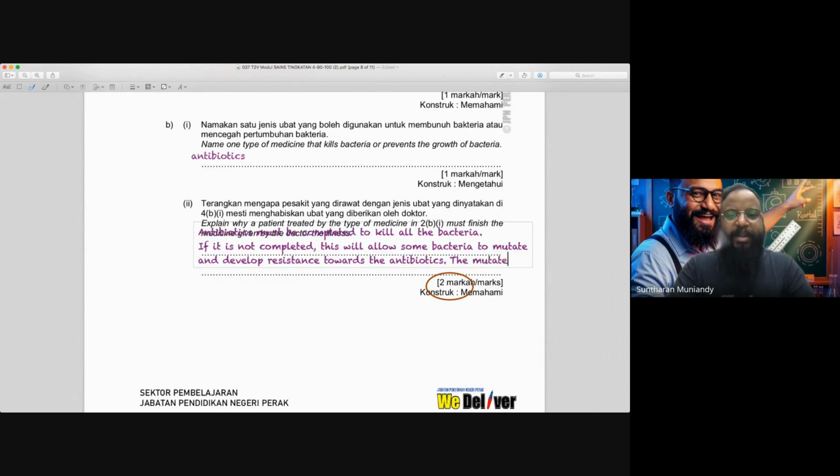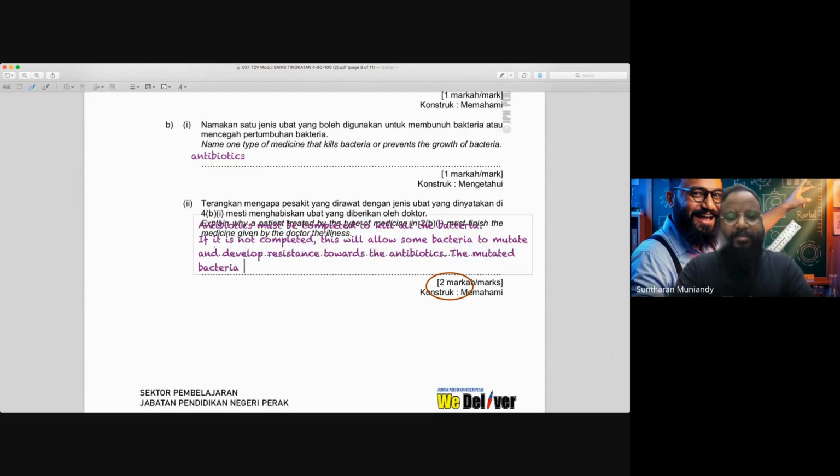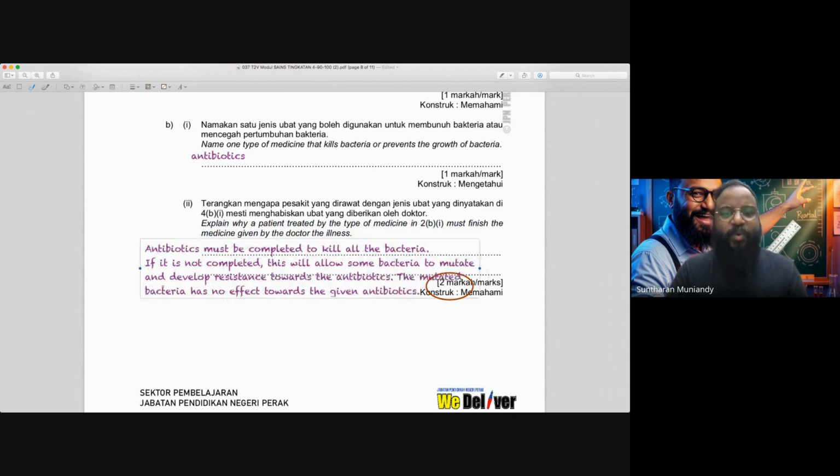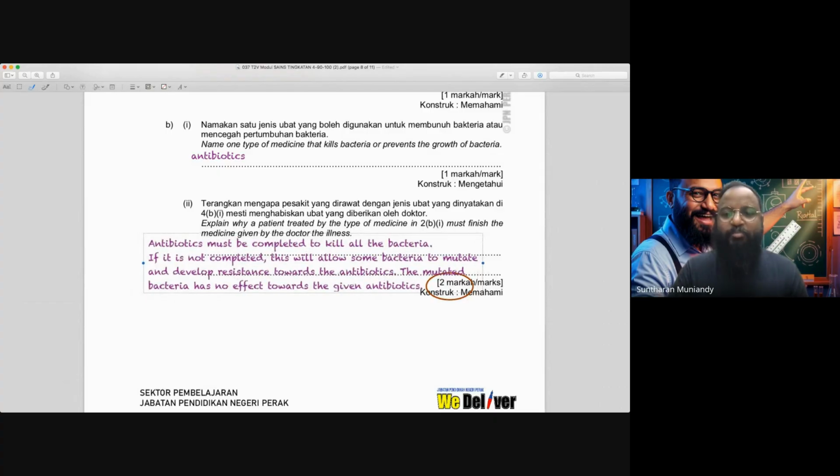The mutated bacteria has no effect towards the given antibiotics. So this is why we need to complete the course of antibiotic.